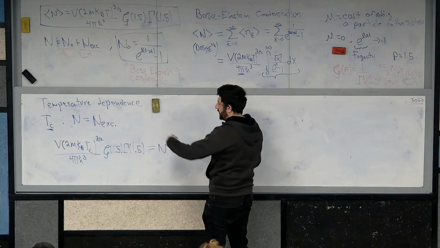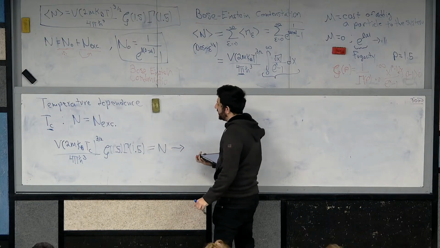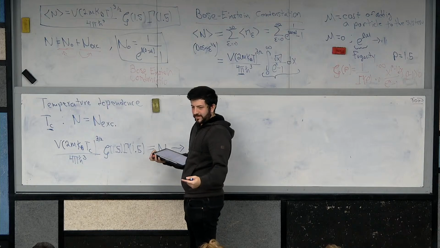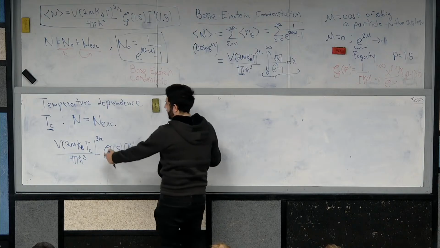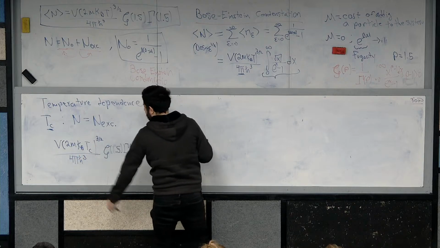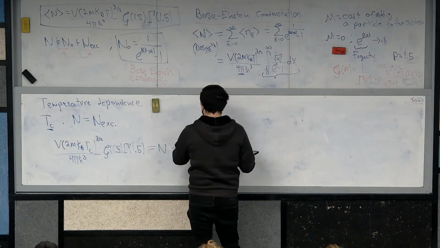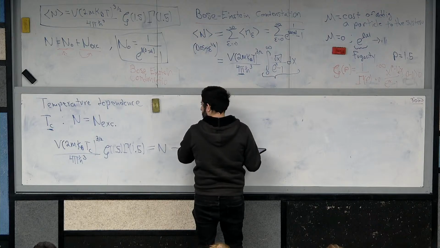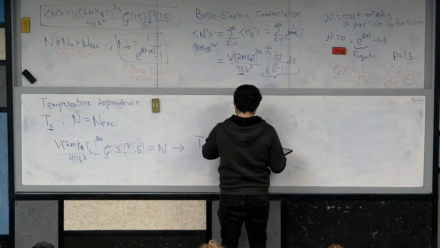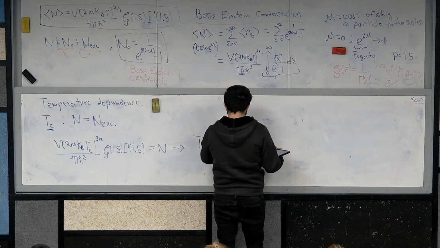And from here we can extract the critical temperature. This is the same thing that we do for the Fermi energy, right? But instead of getting the Fermi energy here, we are just trying to compute the critical temperature. So this should be h bar squared over m k_B.